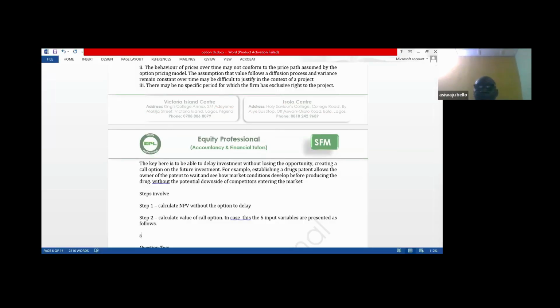X0 is equal to the present value of future cash inflows.